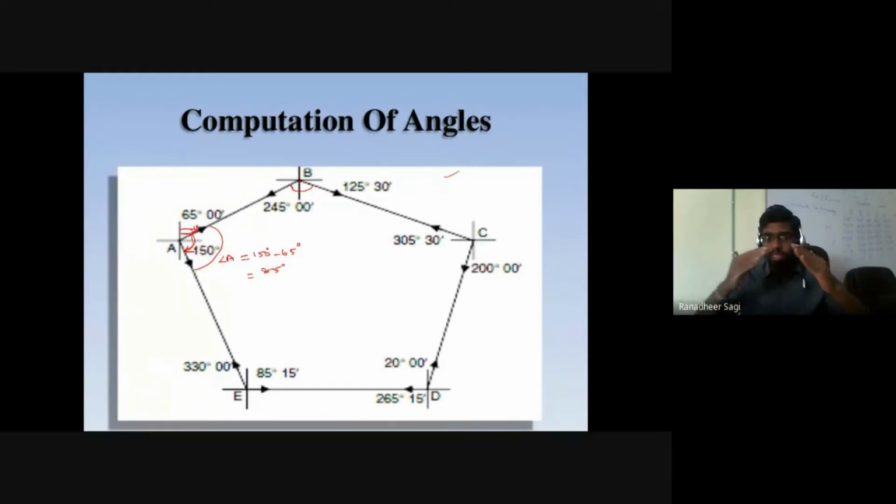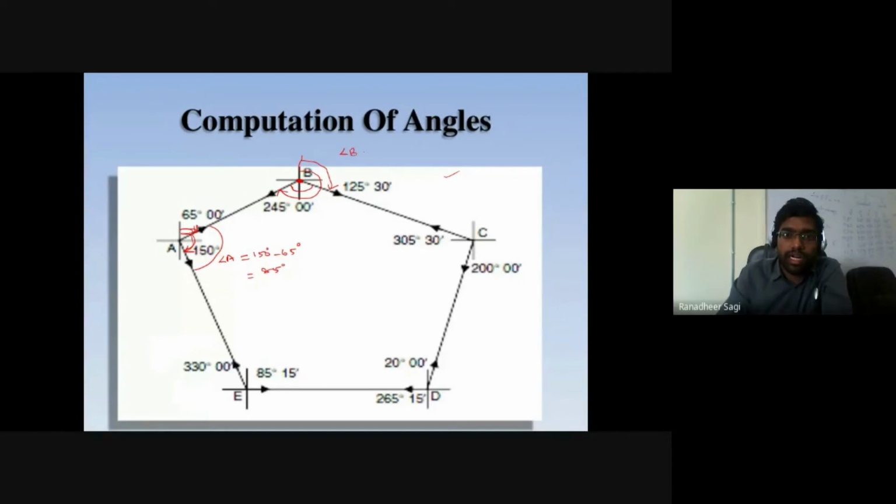The survey line going from B to C, and the survey line coming from A to B at station B. The bearing corresponding to the survey line AB is called the back bearing of line AB, because the AB line is in the backward direction from station B. So for the AB line, the angle I will look at with respect to station B is the back bearing of line AB, which is 245 degrees, minus the forebearing of line BC, which is 125 degrees 30 minutes.